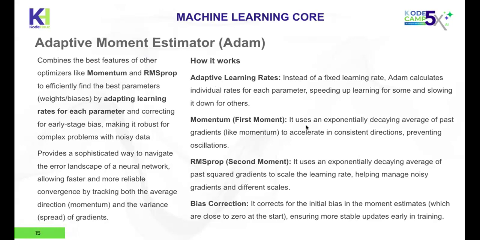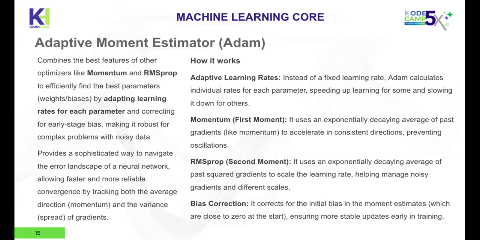It uses an exponentially decaying average of past gradients like momentum, except that unlike momentum, our SGD with momentum uses a running average, but Adam uses an exponentially decaying average. So it's still a running average, but with exponential decay.